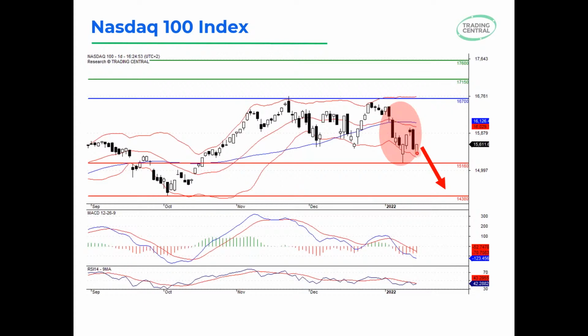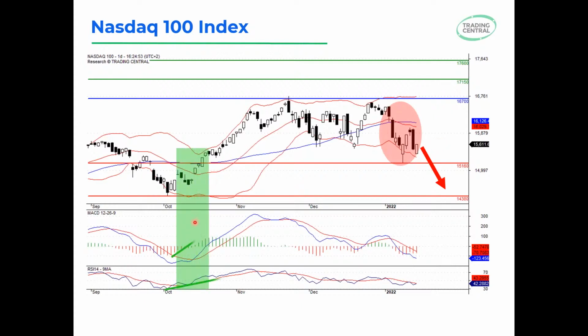Okay, and it is going to strike against the lower Bollinger Band, and it is not a good time to be aggressive on stock buying. Okay, how about the MACD? What are the RSIs telling you?